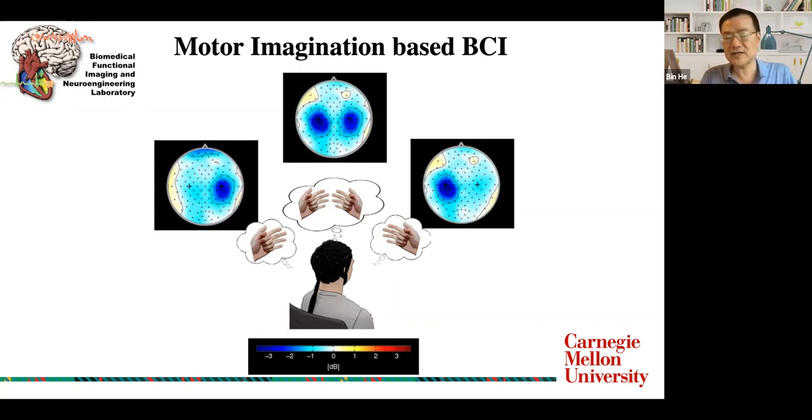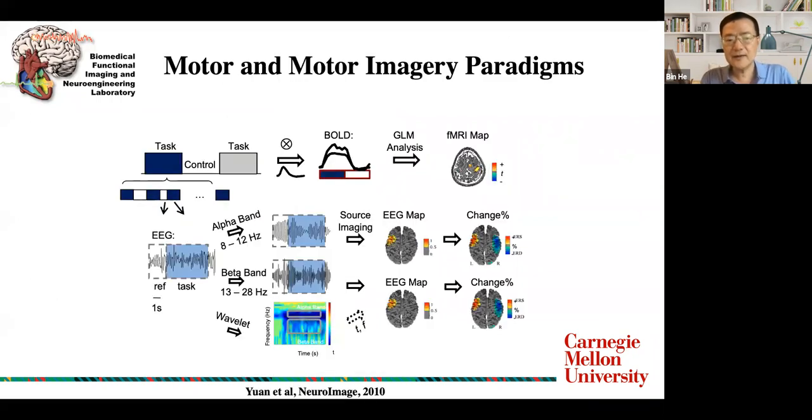We call such a motor imagination process motor imagery. We're going to demonstrate what signals such motor imagery generates inside our brain and how it could be used to control a computer or device non-invasively. The first experiment in my lab actually started more than 10 years ago.